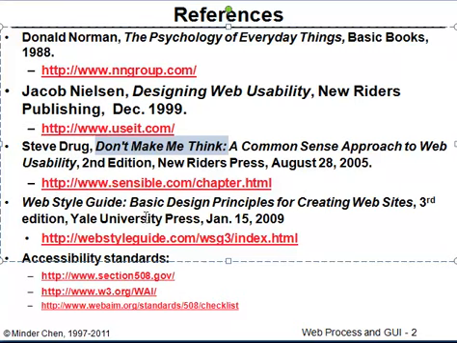The fourth reference, called Web Style Guide, is put out by Yale University's medical school's media team. It took a very methodological approach in terms of providing guidelines and principles in terms of how you should design your website. And most of the content is available online, so you can actually visit this site.